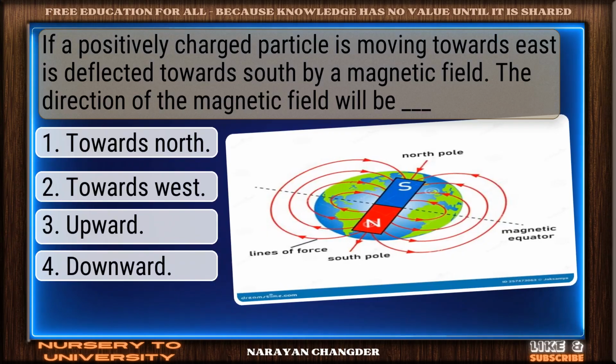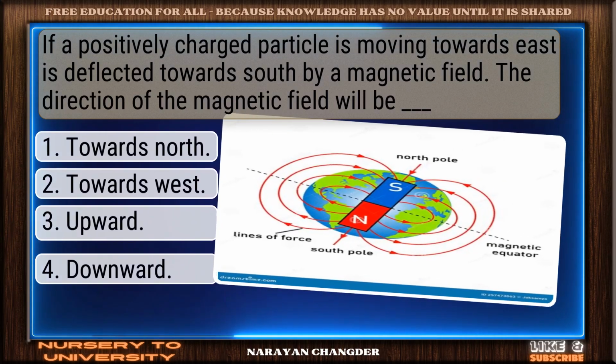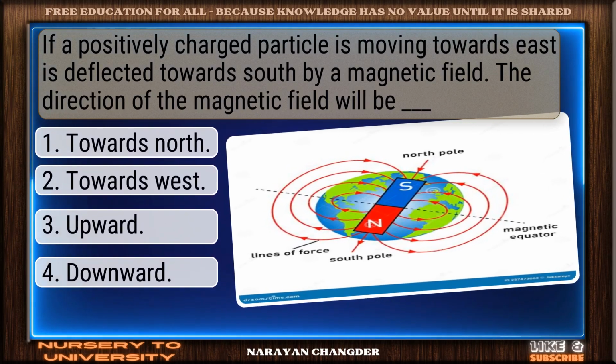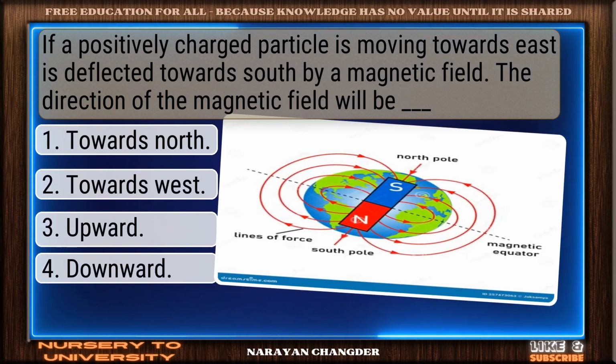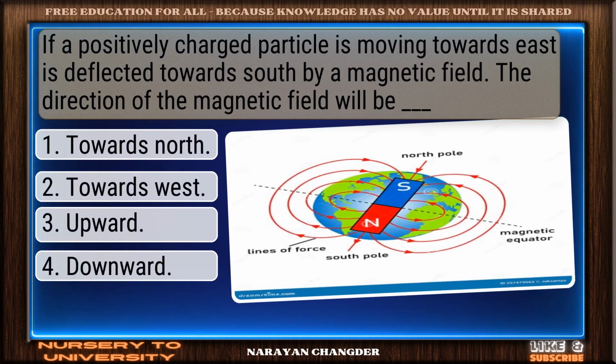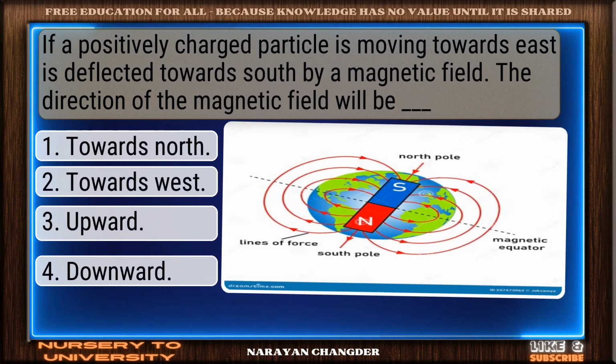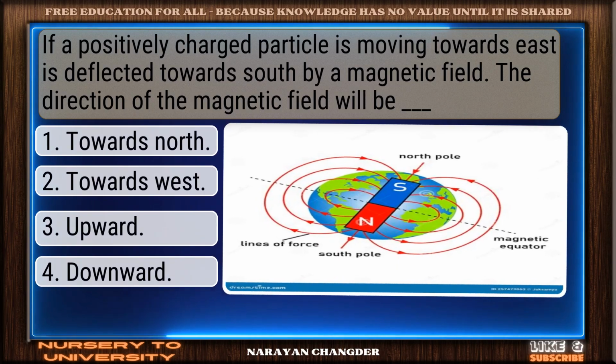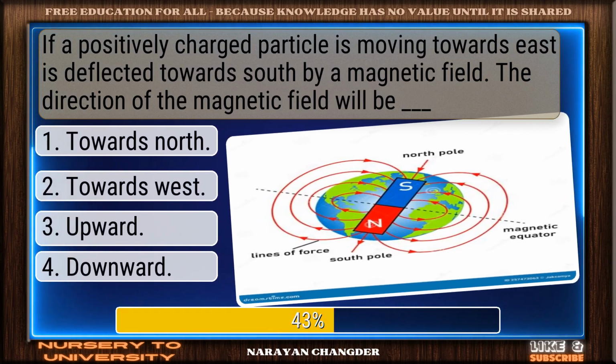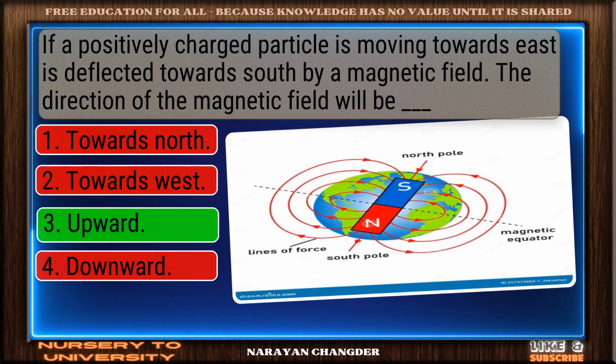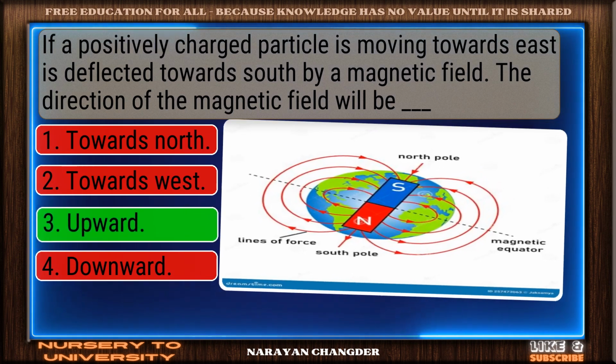If a positively charged particle moving towards east is deflected towards south by a magnetic field, the direction of the magnetic field will be dash. Bravo. Upward is the answer.